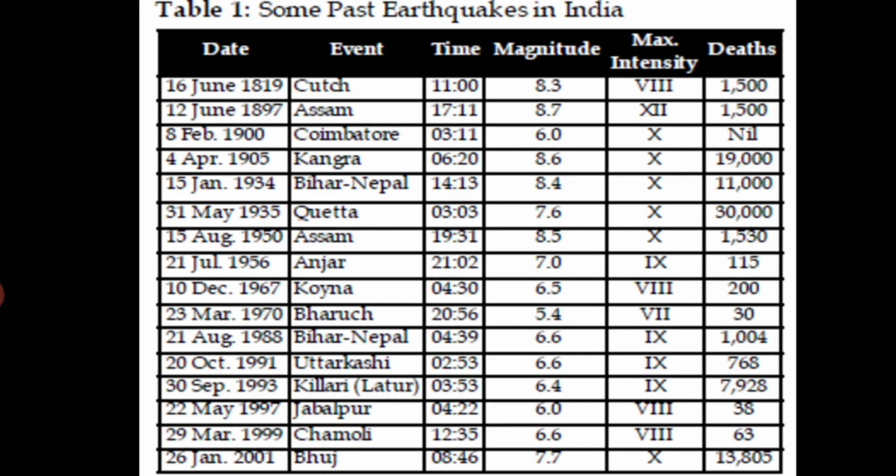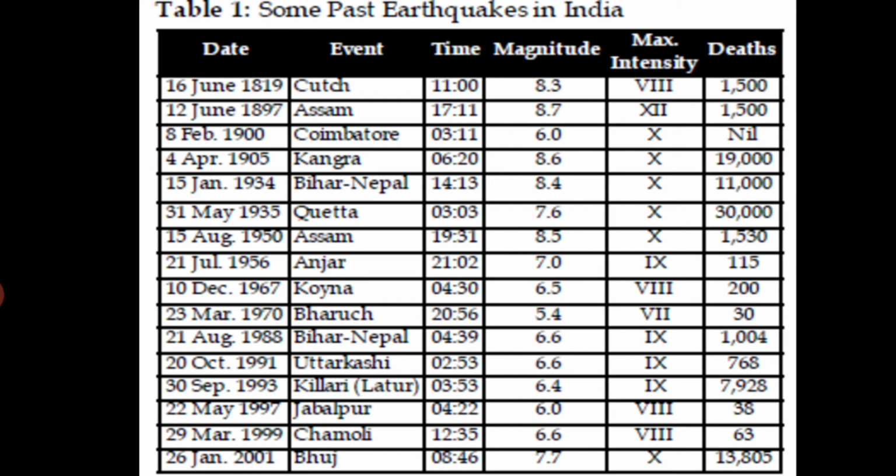You can see a table showing some past earthquakes. Here you can notice the magnitude, the number of people who died, and the intensity. For example, take the 16 June 1890 Kutch earthquake.